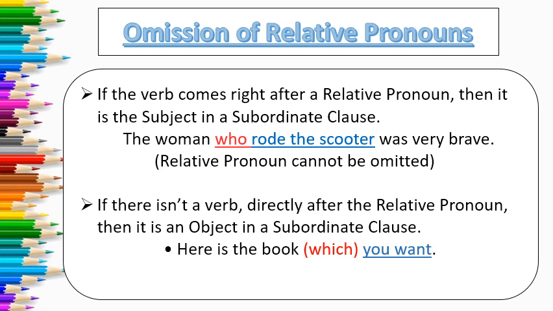It is understood which book we are talking about. Which book you want. Fine. So in this case, the relative pronoun can be omitted. Whenever you are getting subject plus verb in a complete clause, then the relative pronoun can sometimes be omitted.